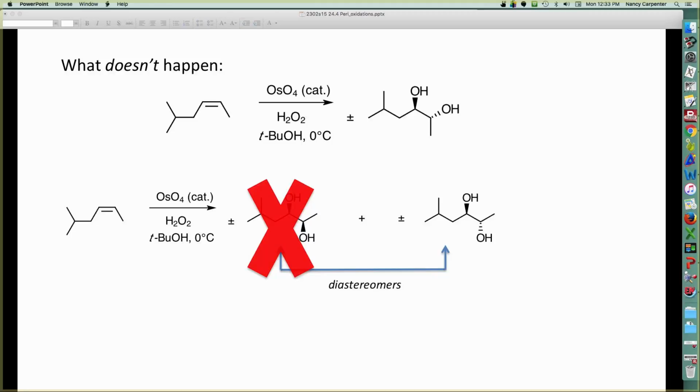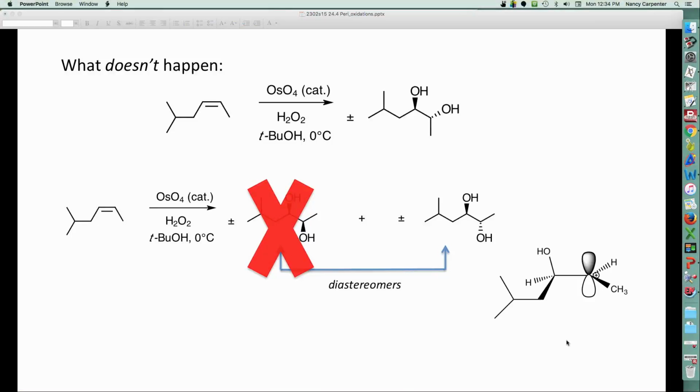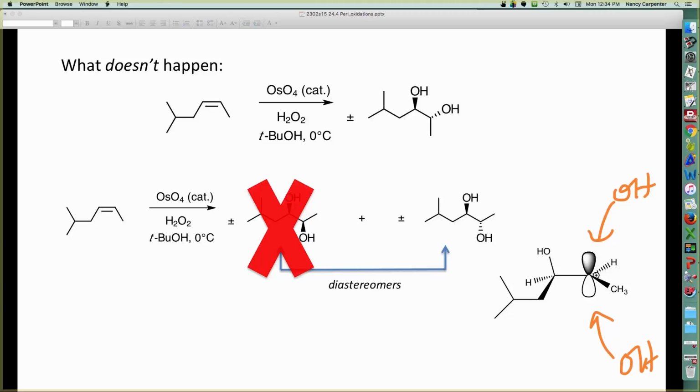Because the experimental evidence says we do not get any of that diastereomer, that implies that the intermediate that would allow the formation of that diastereomer, where somehow or other we get our osmium tetroxide to come and dump in an OH group on either face of that p orbital, this would clearly lead to syn, and this would lead to anti.